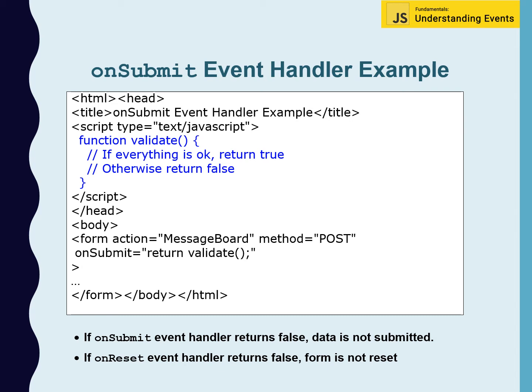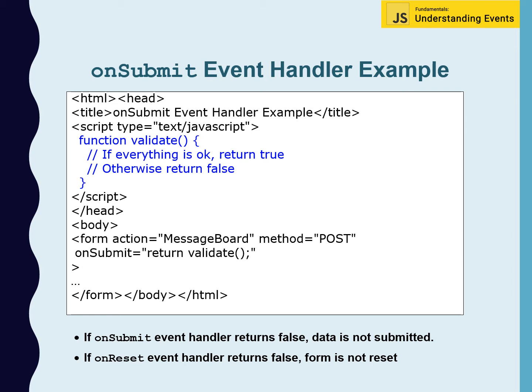When the script tag is closed, the head tag is closed, then the body tag is opened. Inside the body of the web page, a form tag is specified: form action is equal to message.php, method is equal to post, onsubmit is equal to return validate. So in the form tag itself, it specifies the attribute onsubmit, which is an event handler.